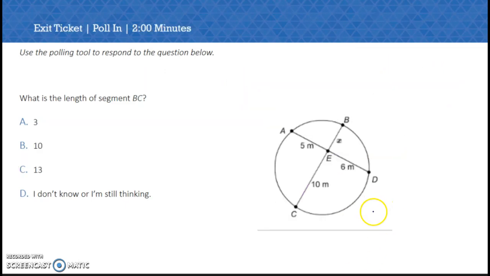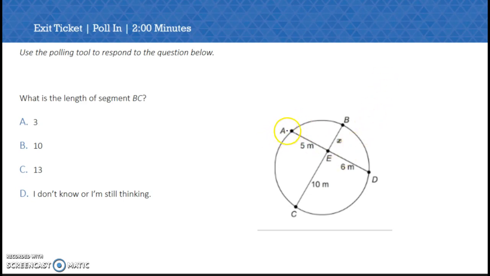Now here's another one. We want to know the length of segment BC. That's that whole chord going across the circle. Well, we don't know that, but we do have two chords crossing each other here. And the rule with the two chords was, remember, piece times piece equals piece times piece.